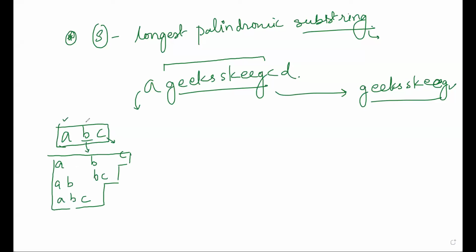Now how do we actually do that? We use two for loops. One is nothing but the starting index of your substring and the other is going to be the ending index of your substring.